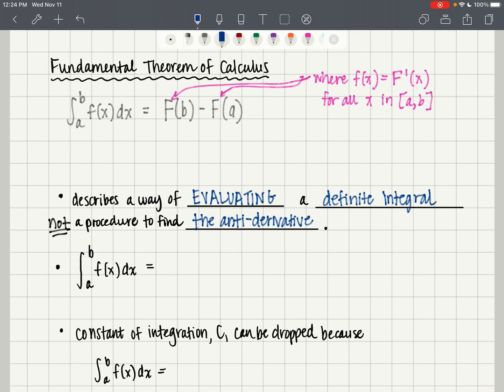Notice how I'm saying it different ways because you can say it different ways. You can say the integral of f of x dx evaluated from a to b, or you could say the integral from a to b of f of x dx is equal to the antiderivative evaluated from a to b, which is equal to the antiderivative evaluated at b minus that antiderivative evaluated at a.